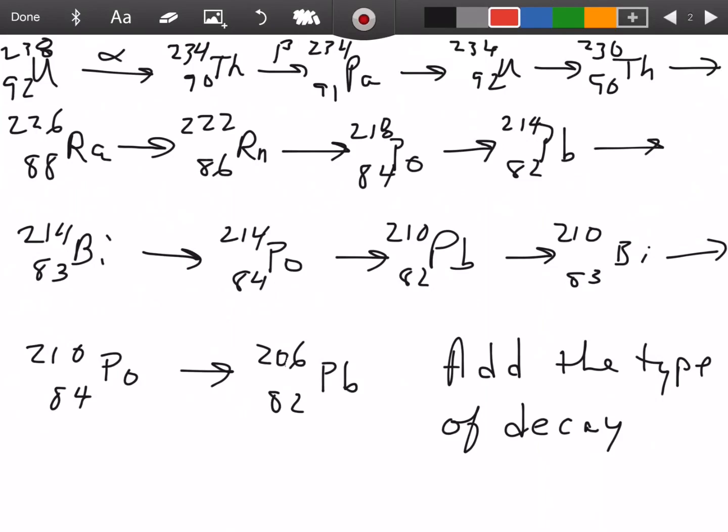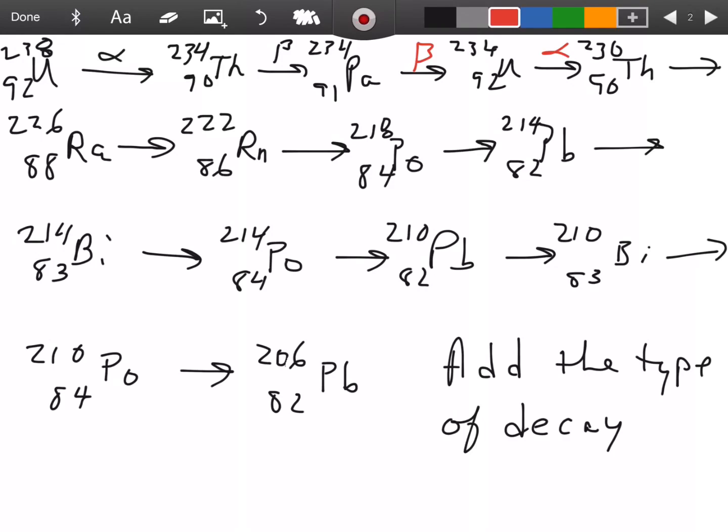You should be able to then, from here on out, tell me what kinds of decays are occurring at each of these arrows. Take a little bit of time to do that and come back. And now that you're back, you should be able to tell me that as you go from 91 protons to 92 protons, that must have been a beta decay. From 92 protons to 90 protons must have been an alpha decay.